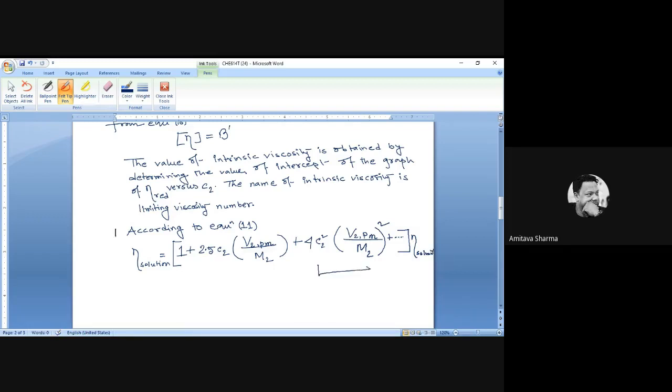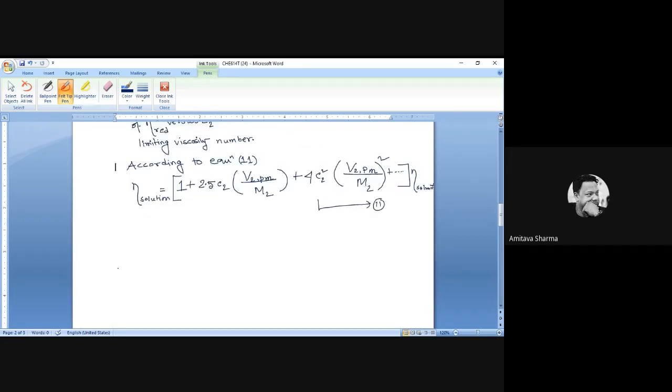So this was equation 11, and according to equation 11, the intrinsic viscosity is given by, or can be written as, whatever you can write.